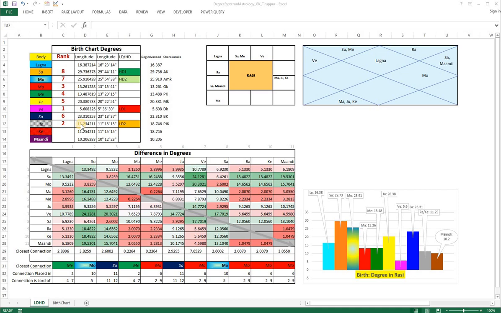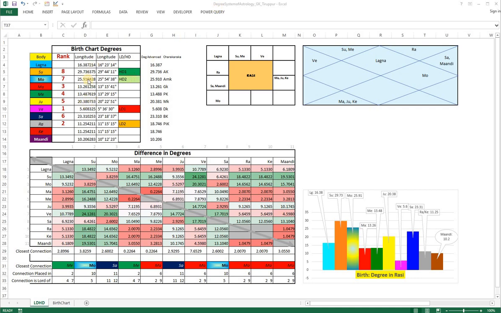And so, while considering the Karaka scheme, we use that degree of advancement. So, I have a separate column called degree advanced to find the Charakarakas. Whereas GK uses directly the longitude of the planets itself, the Rahu itself. And he brings out a lot of interesting information in his book on what he calls the degree system of astrology.